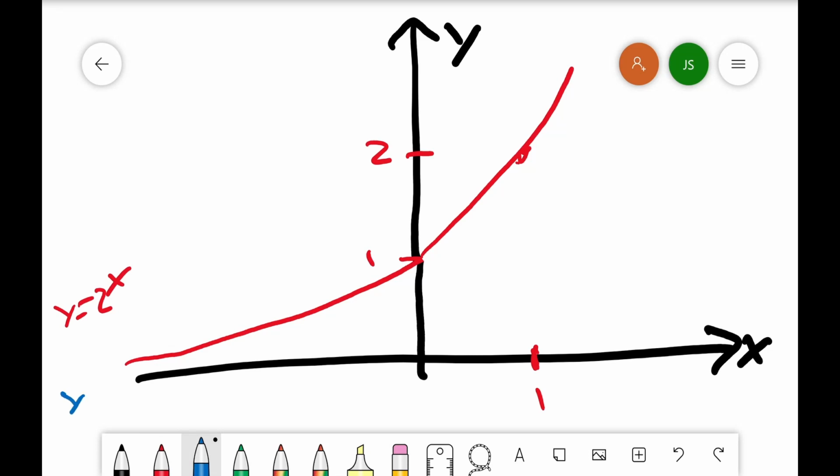Then if I plug in y equals 3 to the x, well, if I plug in positive numbers into x for both of these, 3 to the x is definitely going to be larger than 2 to the x. I'm going to get something like this.